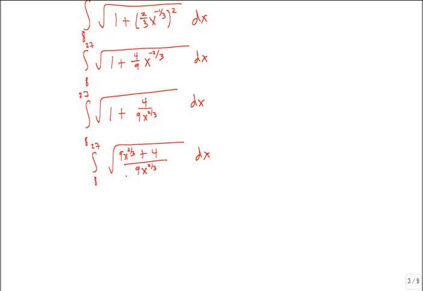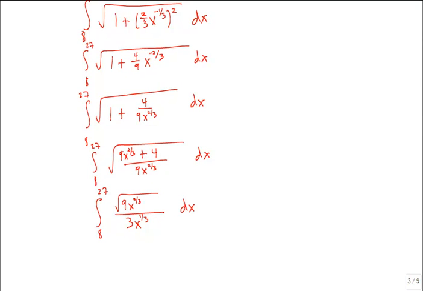Now notice the square root of 9 becomes 3, and the square root of x to the 2/3, that's a perfect square. The square and the square root cancel out, so that denominator is actually going to reduce nicely into a 3, and the square root of x to the 2/3 is just x to the 1/3. We lose the square on top.